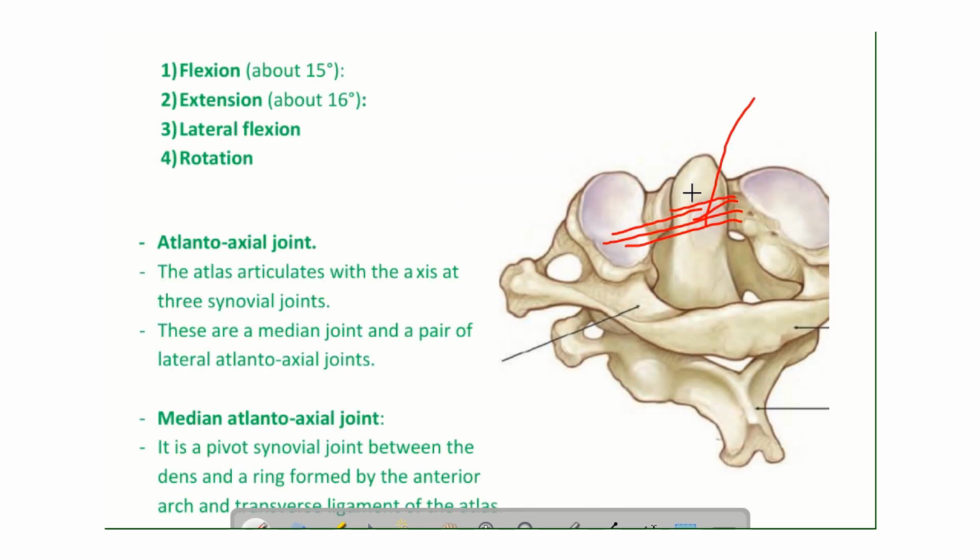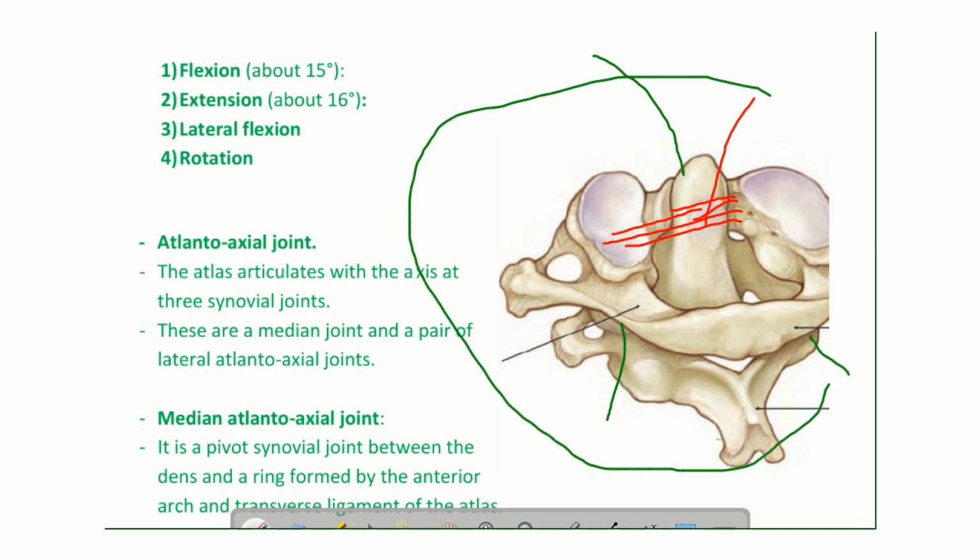This is the median atlanto-axial joint, and the 2 lateral atlanto-axial joints. All are synovial joints.